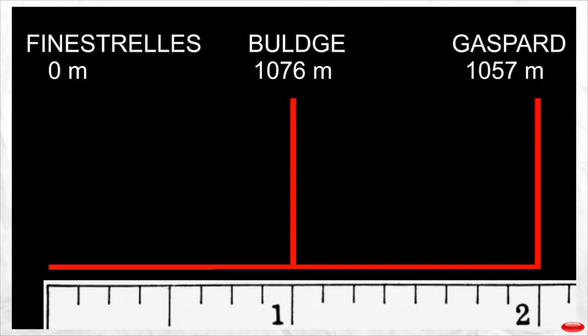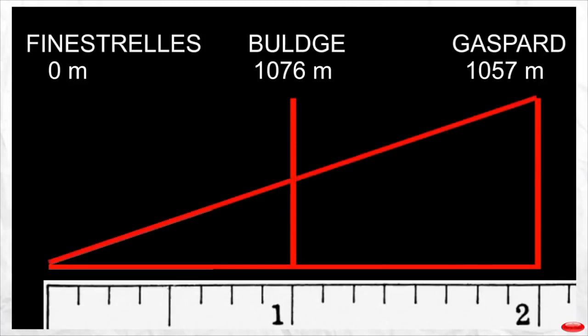Fenestrelle minus itself is 0. The bulge minus Fenestrelle is 1,076 meters. And Mount Gaspard minus Fenestrelle is 1,057 meters.